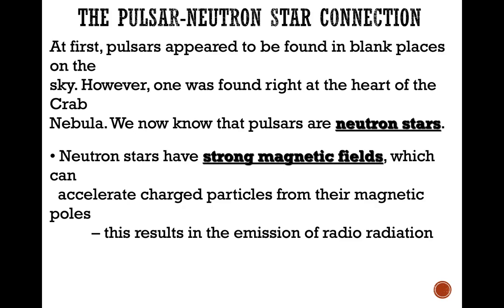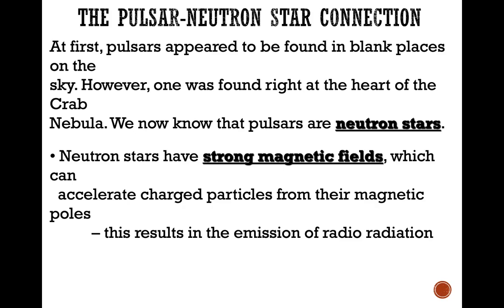Now we know that these neutron stars are pulsars because the Crab Nebula is a site of a supernova explosion, and after the supernova explosion there should be a neutron star here, right? So that is why these pulsars are connected to neutron stars.